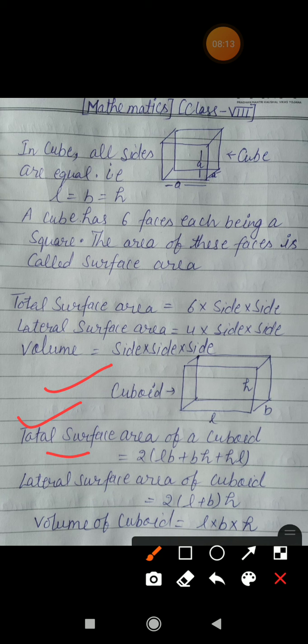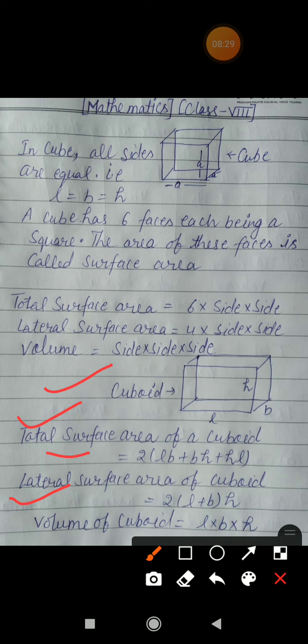The room in which you are seated has a length, a breadth, and a height. Now you have to calculate the lateral surface area of a cuboid. What is the formula of it?